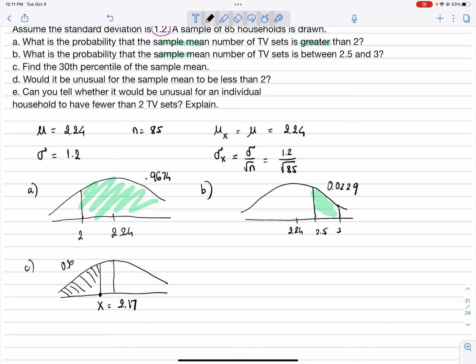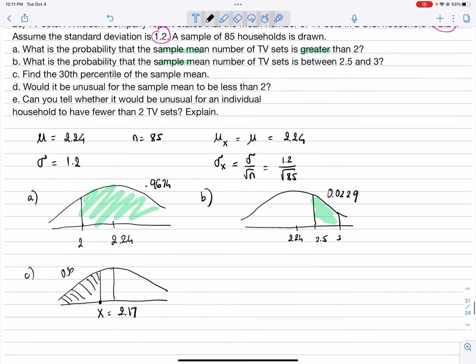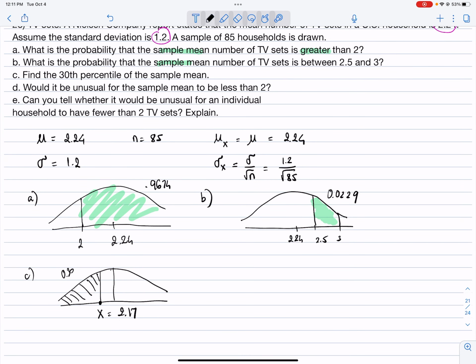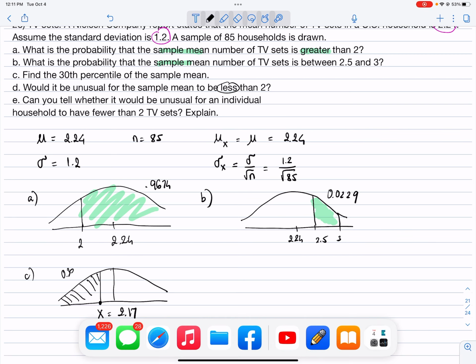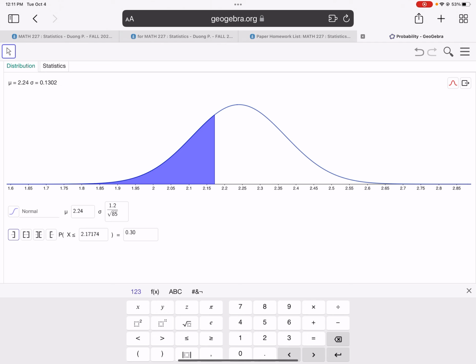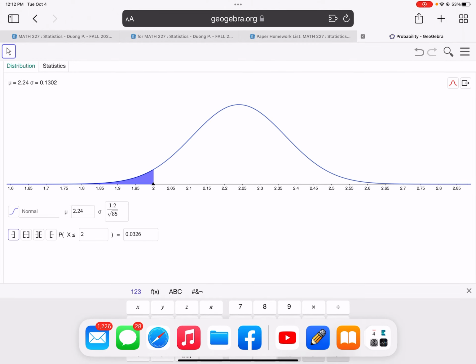For part D, would it be unusual for the sample mean to be less than 2? We did greater than 2, but we did not do less than 2, so let's do less than 2 first. We want to find the probability that the sample mean is less than 2, and the probability is 0.0326.